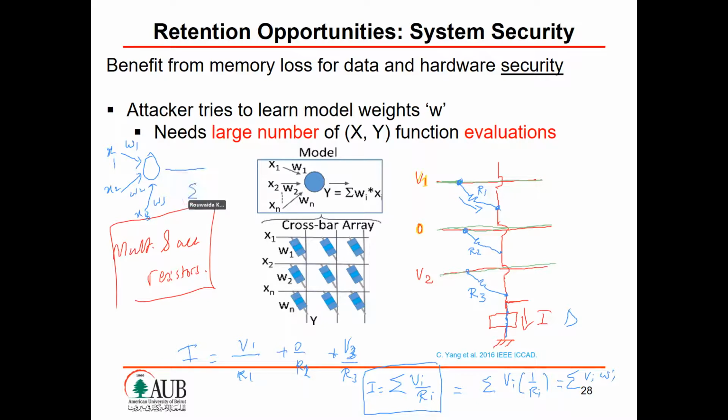And the output of the neuron will be WI summation ضرب XI.